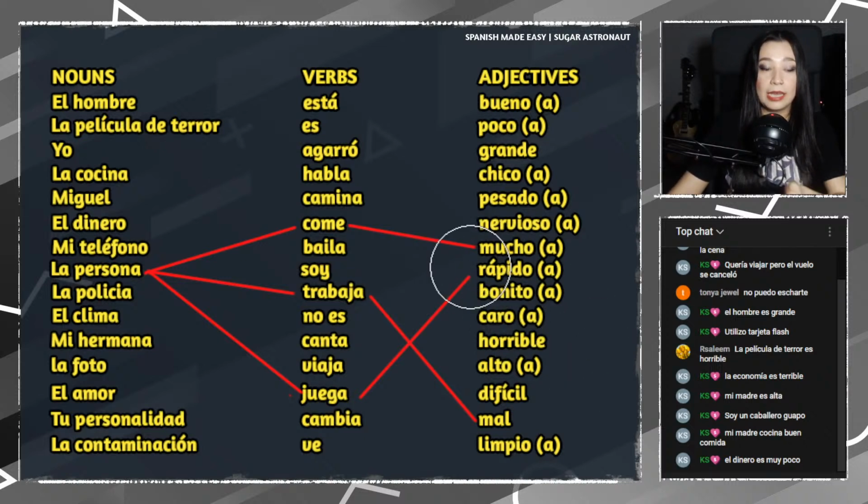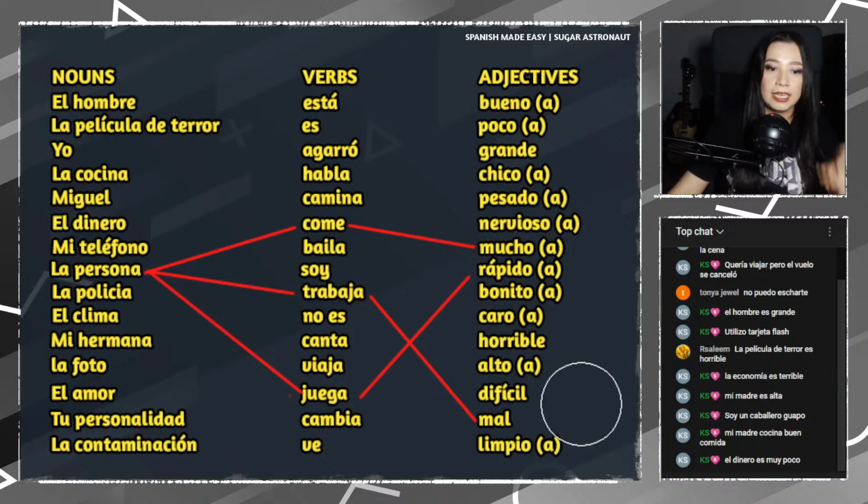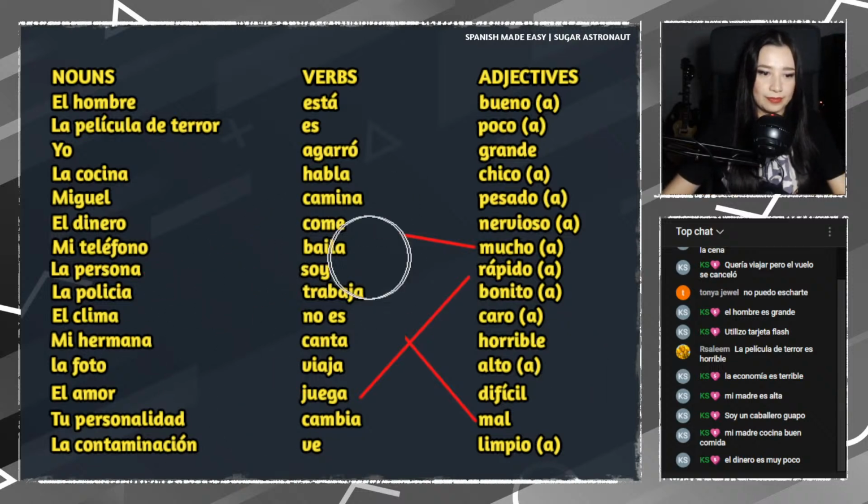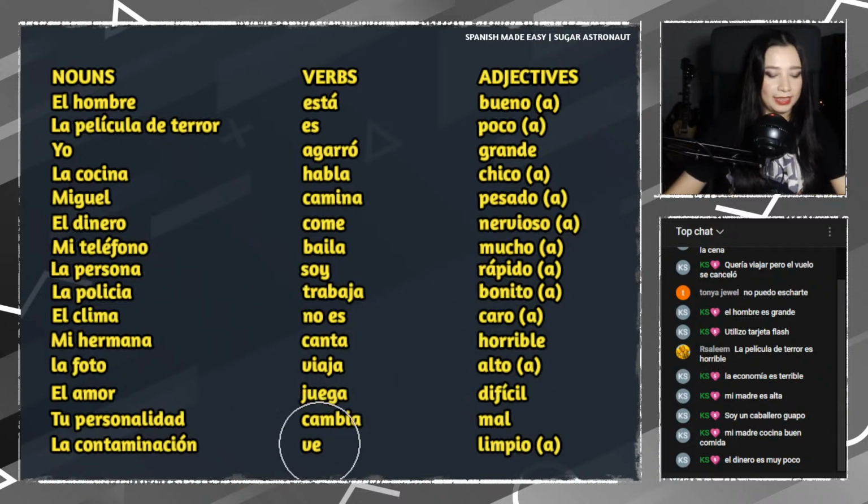But that's how it works in that situation because we're talking about the action of eating. If you say la persona come mucha, that sounds kind of weird. I know there are exceptions, usually you have to match the gender of nouns and adjectives. But when it comes to eating, in this situation, you need mucho. Okay. The next one, guys.